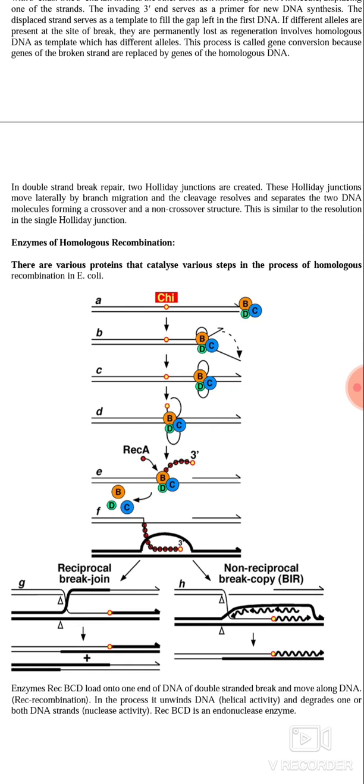The Holliday junction is a model given by Robin Holliday to explain the junctions formed during the process of recombination. So these models are known as the Holliday junction model, and sometimes two Holliday junctions are formed, so then it's called two Holliday junctions. So it's completed now.